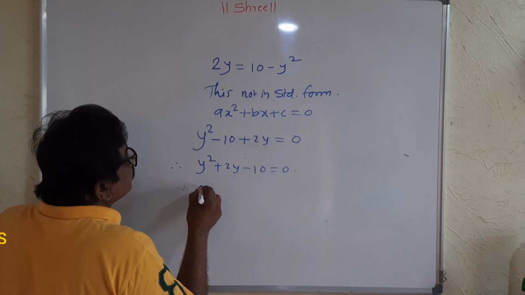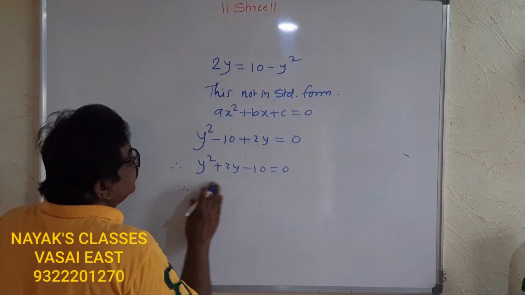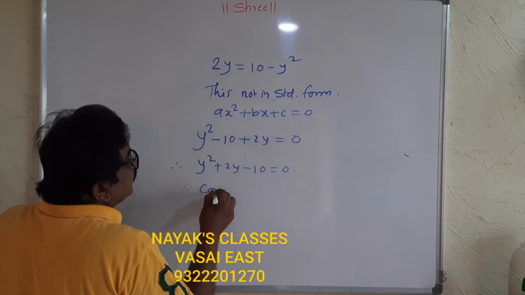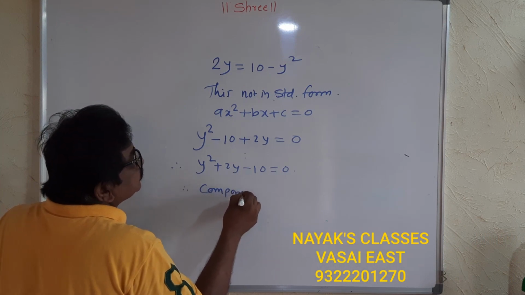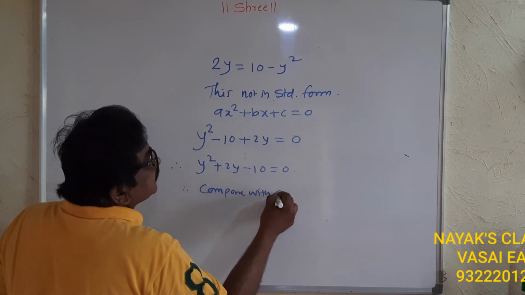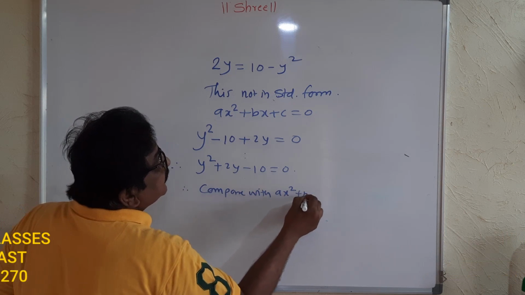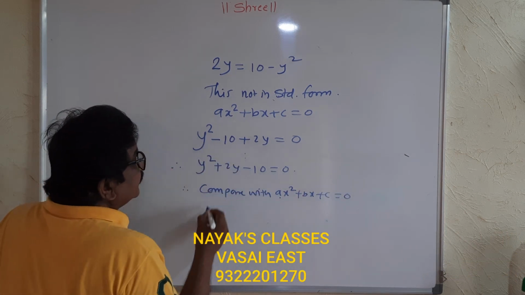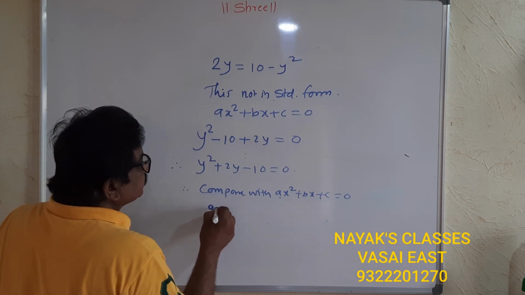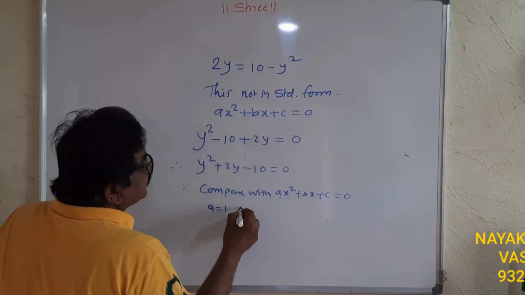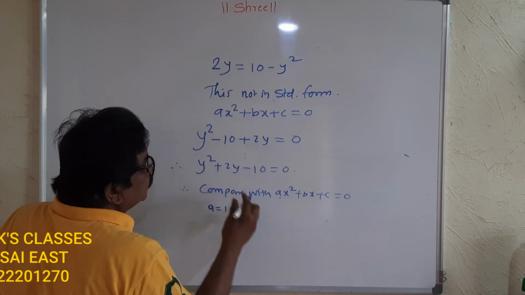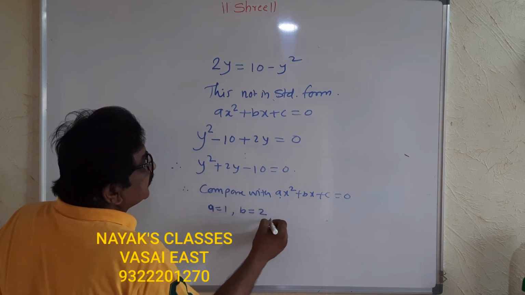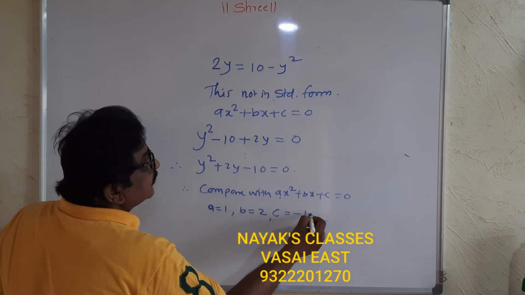Therefore, just compare with ax square plus bx plus c is equal to 0: a is 1, b is 2 and c is equal to minus 10.